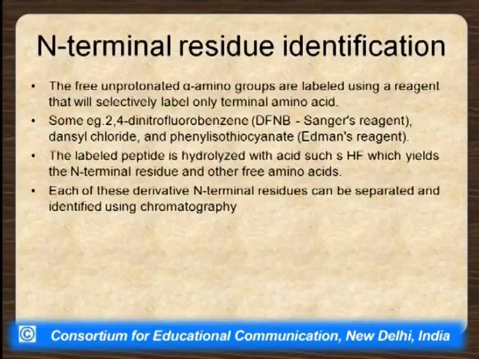It will cause the remaining peptide to generate a new N terminal, which can be further labeled, and this cycle can go on. So, these N terminal labeled residues can now be taken, eluted, and identified using chromatography, and we will look at the scheme.